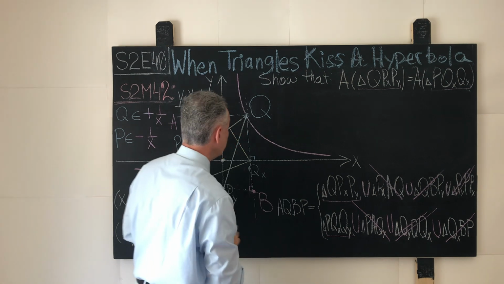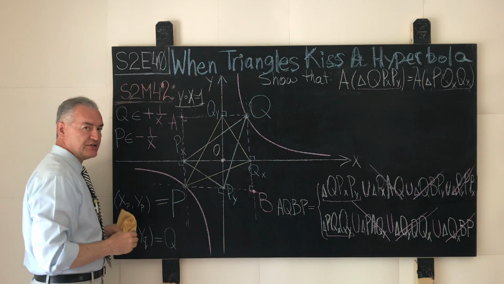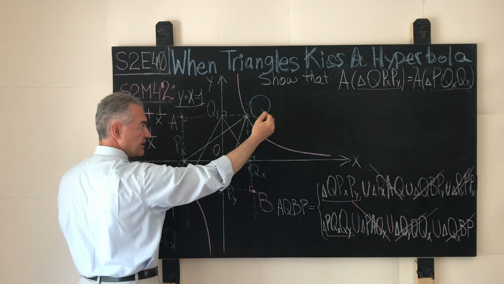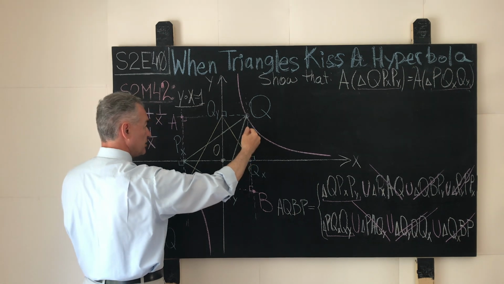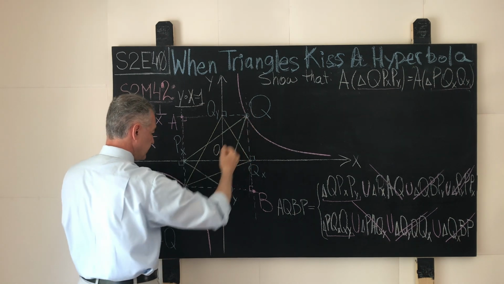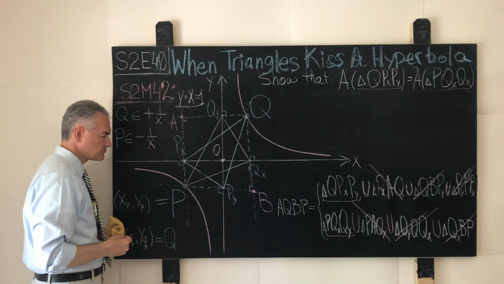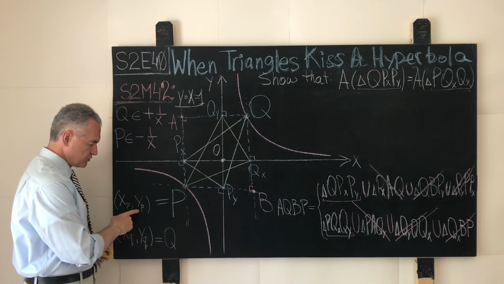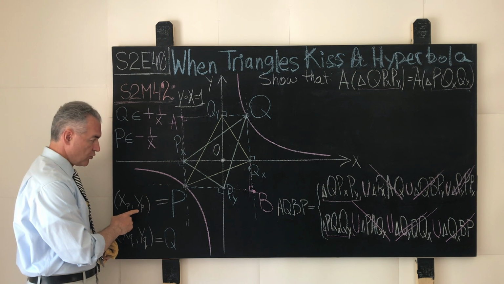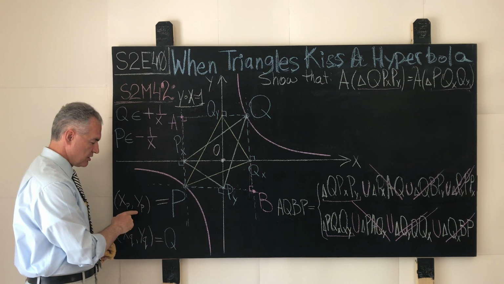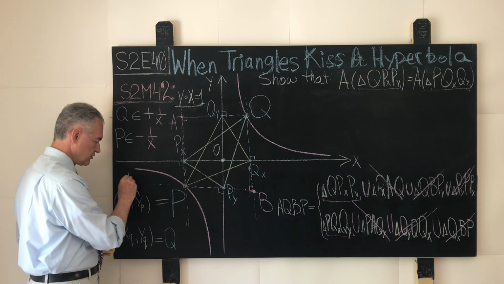Here we capitalize heavily on the fact that the points Q and P sit on different branches. In the next segment, we'll take a look at the case where both points sit on the same branch, but here the points Q and P sit on the different branches of the partial graph of the unit hyperbola. And we capitalized on the fact that the y coordinates of these points, of their projections on the corresponding y-axis, can be expressed precisely which way?